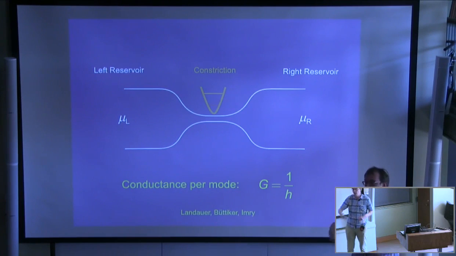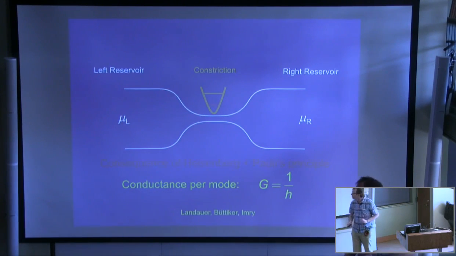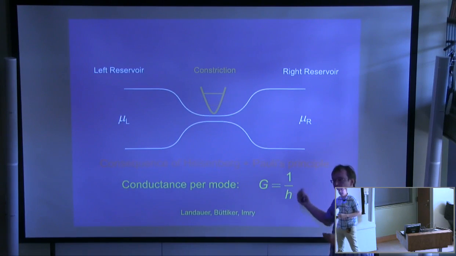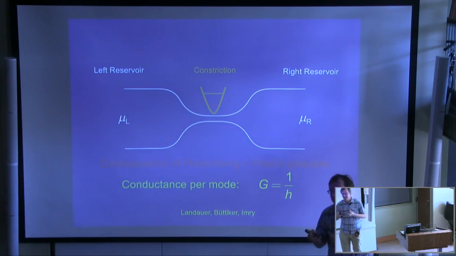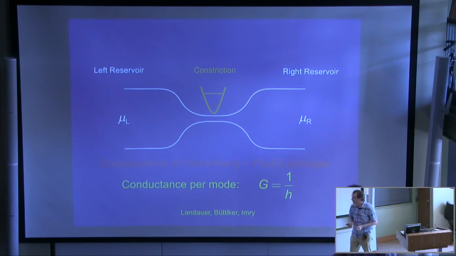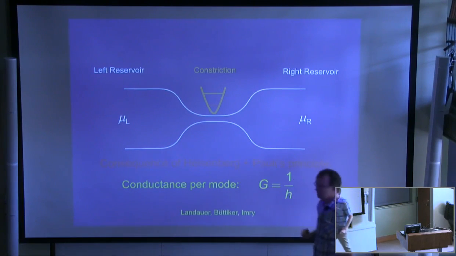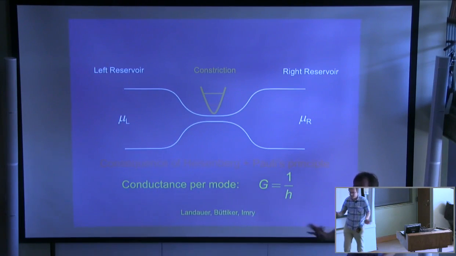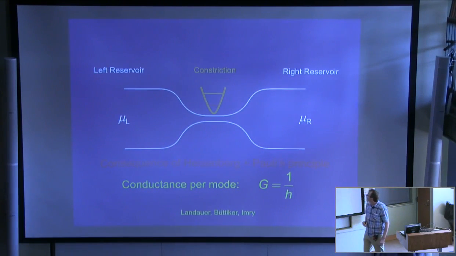So for each mode, you get 1/h for fermions. So this is kind of a consequence of Heisenberg and Pauli's principle. So it's kind of robust. So we do not question too much Heisenberg. I mean, waves we do have, and Pauli also we do not question too much.